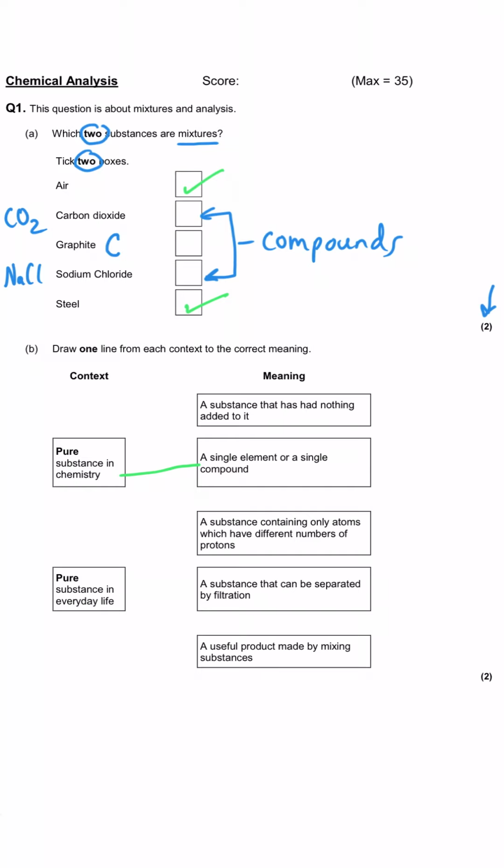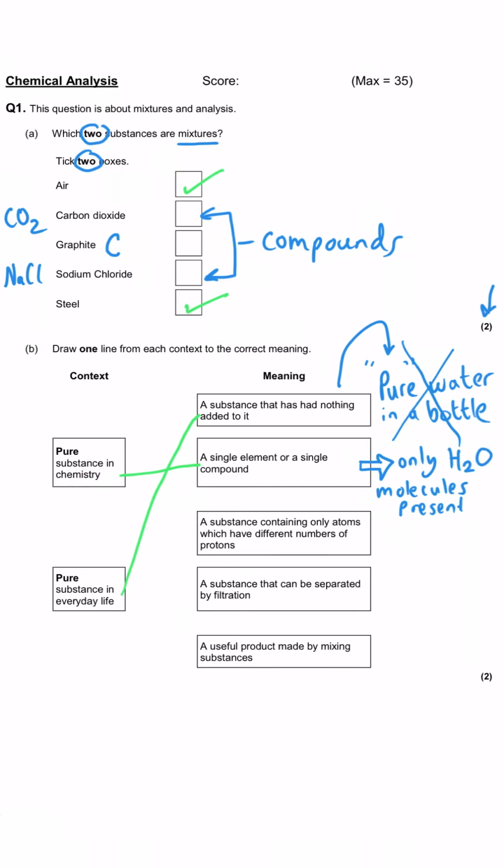Only one type of particle is present, whereas a pure substance in everyday life is, like pure water that you might drink, a substance that's had nothing added to it. You might say in everyday life, but a chemist would think that pure water was only water.